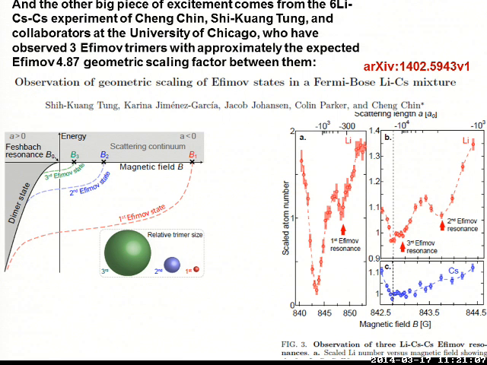The scaling factor is predicted to be 4.88 instead of 22.7. So it's much more favorable to see multiple Efimov features. And this very new preprint by Cheng Chin's group at Chicago, in fact, is claiming to see three features attached to a single two-body resonance.